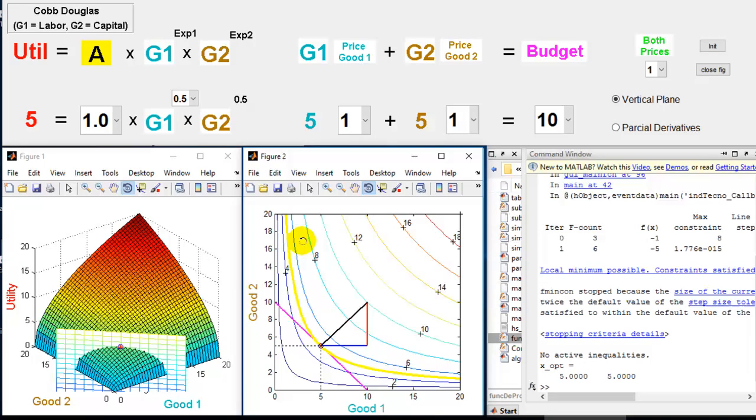So for every indifference curve, now you duplicate, because here you duplicate the value of the function.